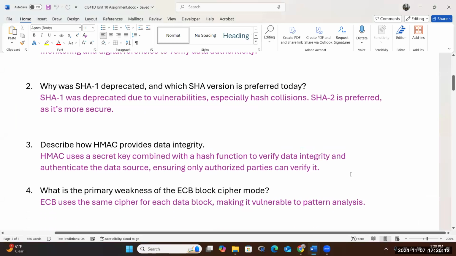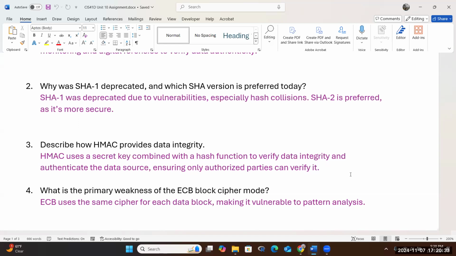So for 3, describe how MAC provides data integrity. It uses a secret key combined with the hash function to verify data integrity and authenticate the data source, ensuring only an authorized party can verify it.